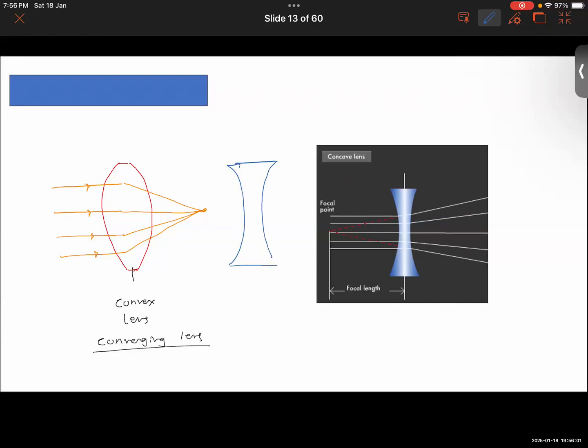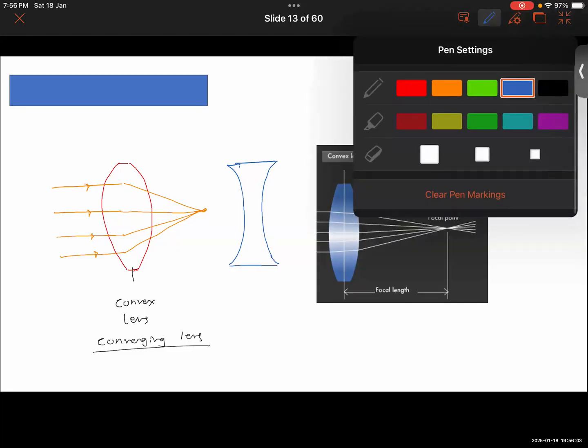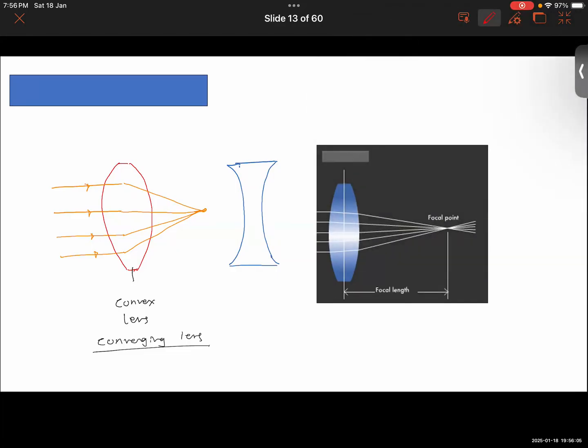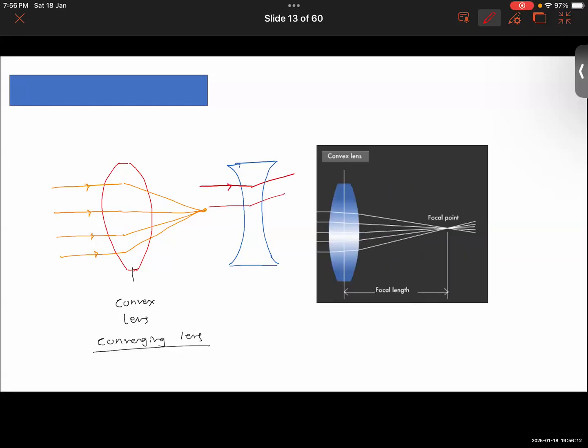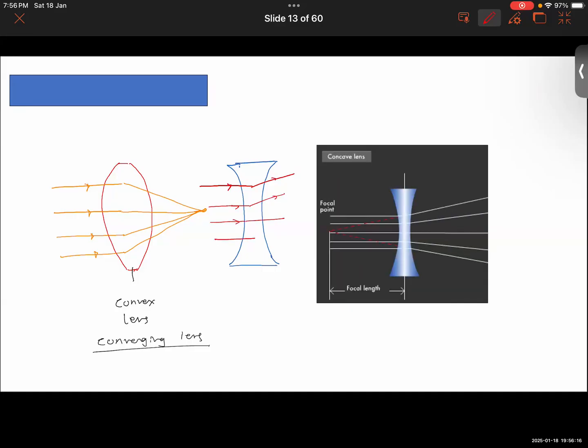Exactly. It is diverging the rays of light in different directions. As the rays of light pass through it, they go into different directions.